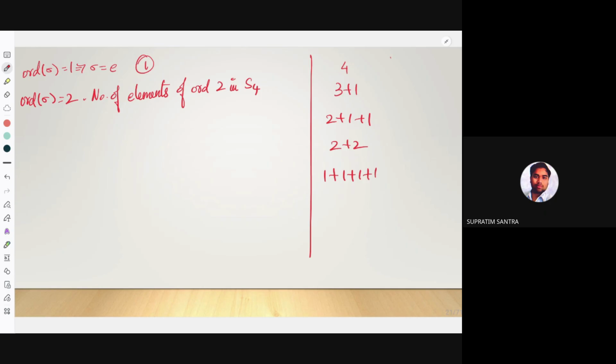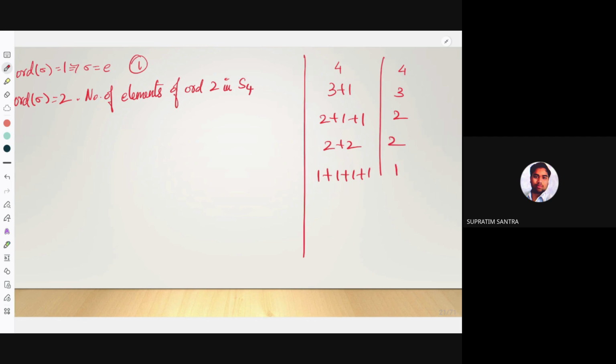And now what are the orders? Here the order is 4. Here the order is the LCM of all the terms in the partition. So here it's LCM of 3 and 1, which is 3. LCM of 2, 1, and 1, which is 2. LCM of 2 and 2, which is 2. LCM of 1, which is 1. So this is basically the order.